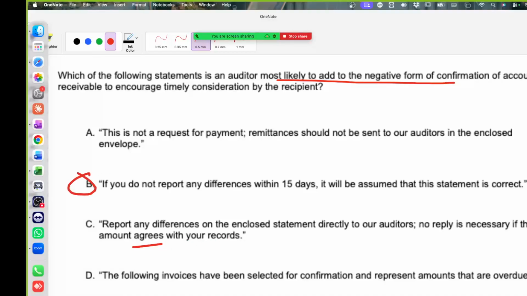B. Negative: if you do not report any differences, it will be assumed that this statement is correct. Minor balances, small customers, where RMM is low.